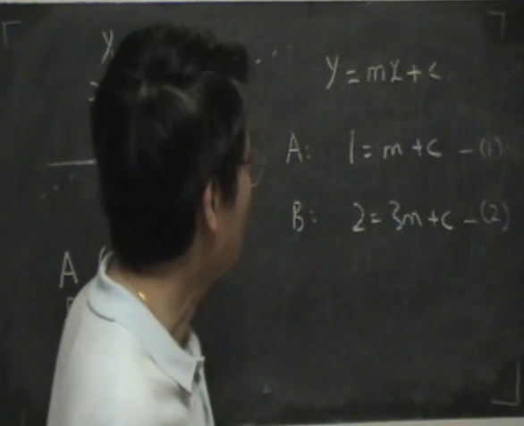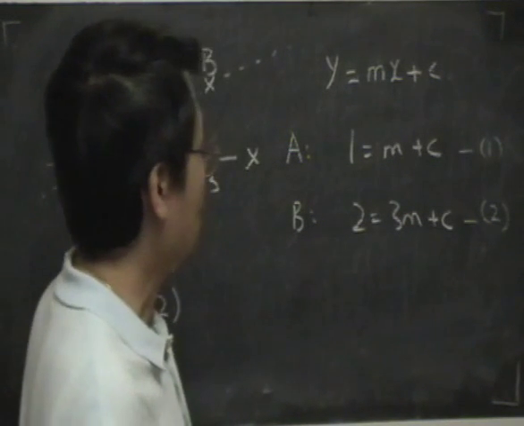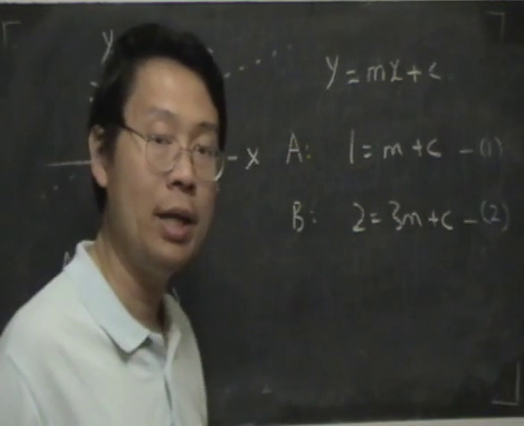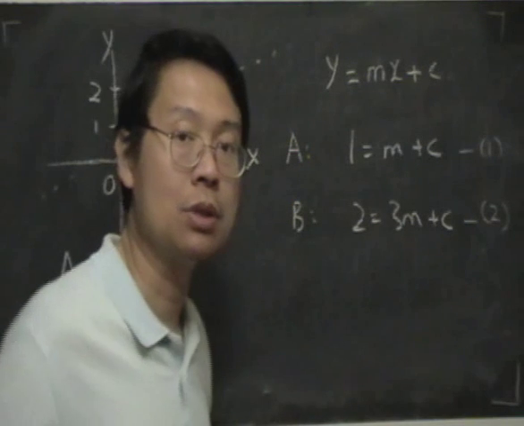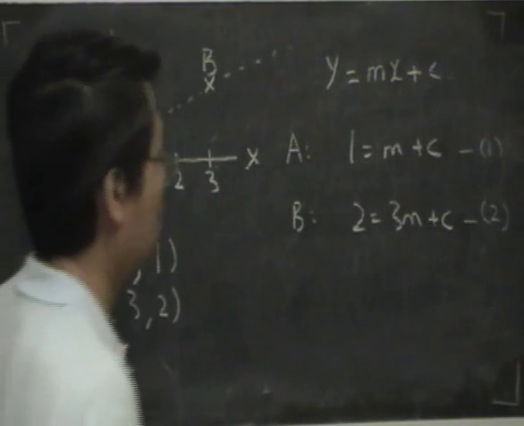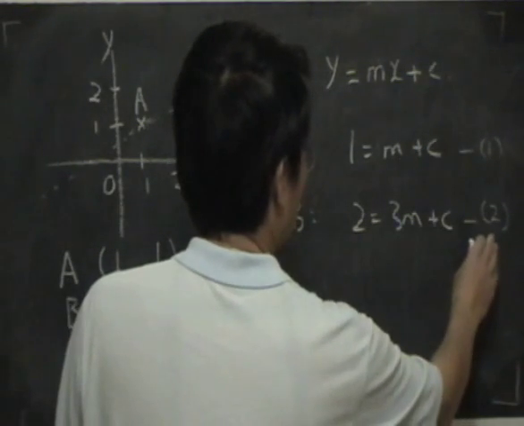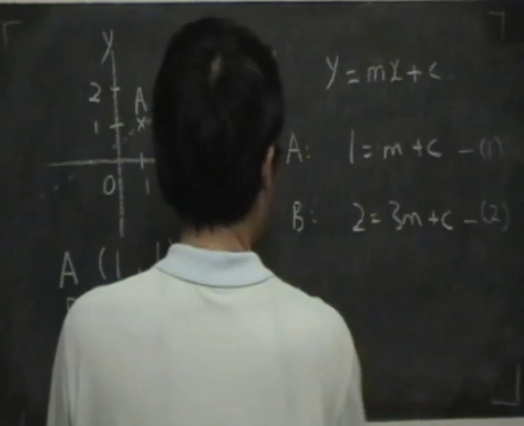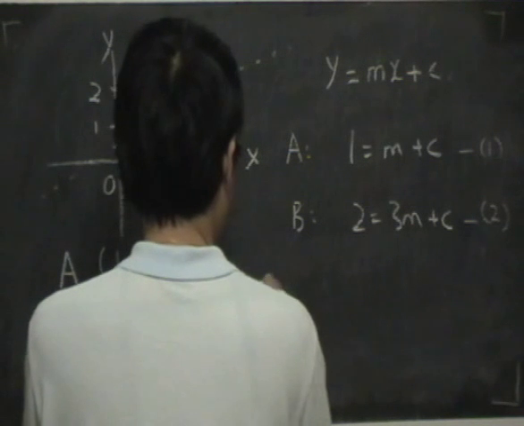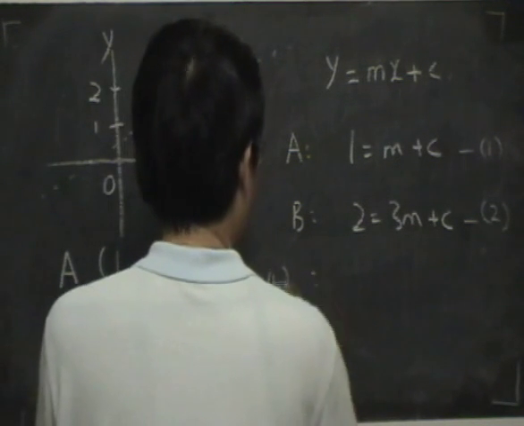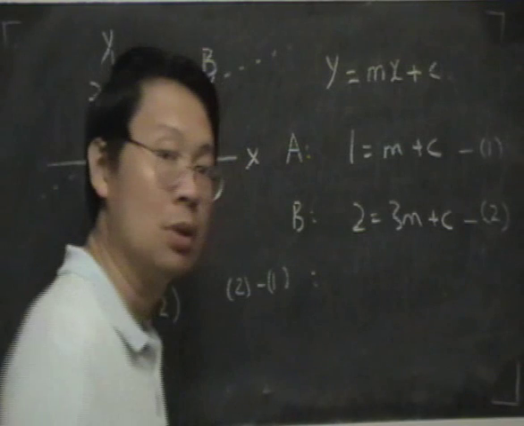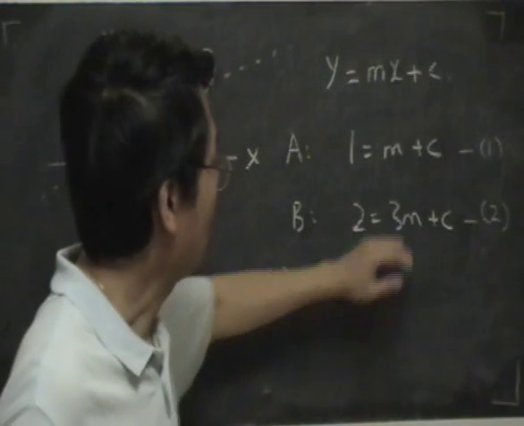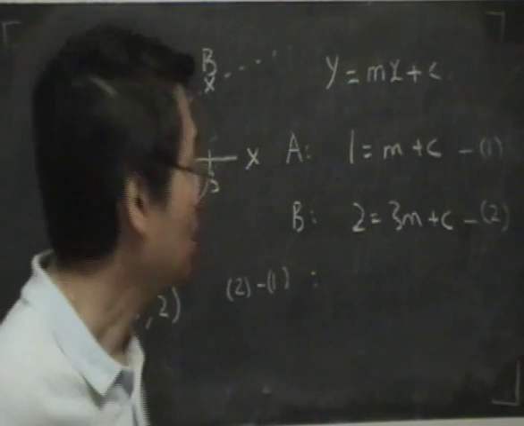The terms in c. So if we have two terms the same, then the way is to subtract the two equations. Remember how we subtract equations. Now, let's say I want to subtract 1 from 2. So I want to do 2 minus 1. I would have to subtract the left hand side by the left hand side and the right hand side by the right hand side.